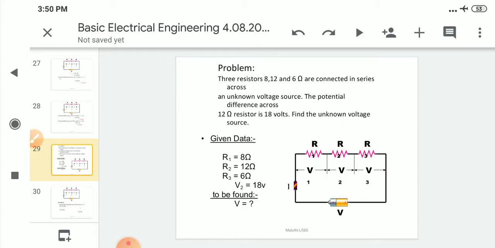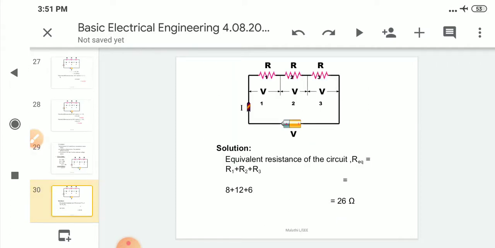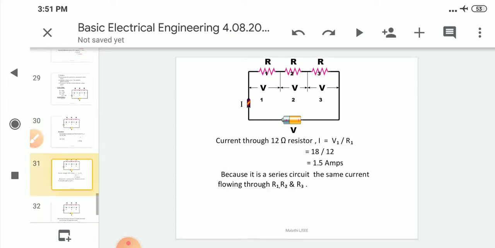This is the question. They are asking for the unknown voltage source, the value of V. The equivalent resistance of a series circuit is R1 plus R2 plus R3. 8 plus 12 plus 6 is equal to 26 ohms.